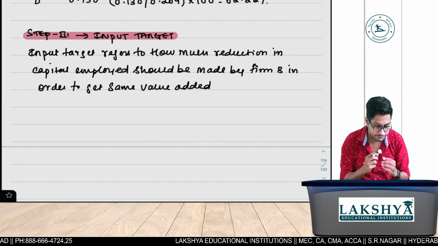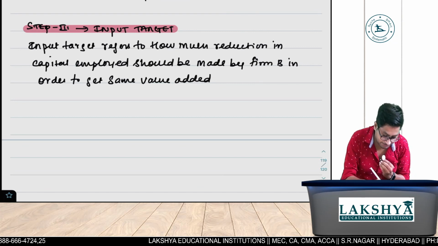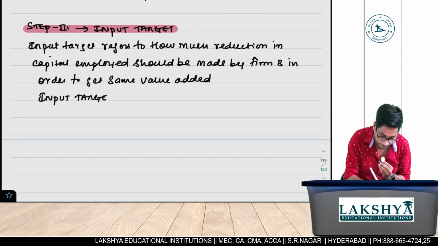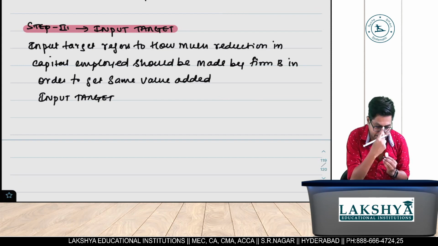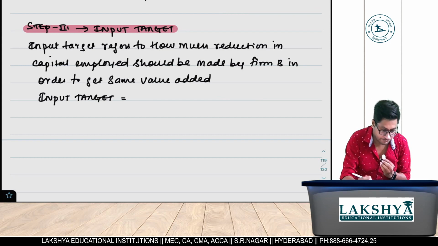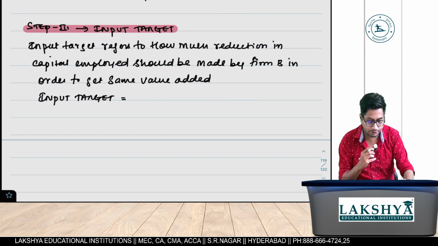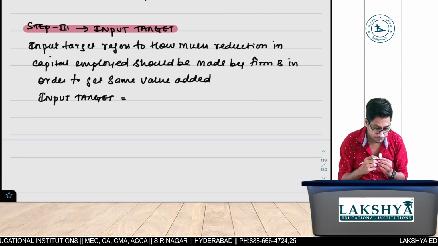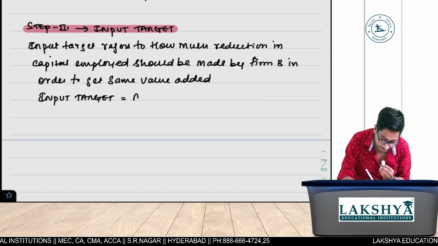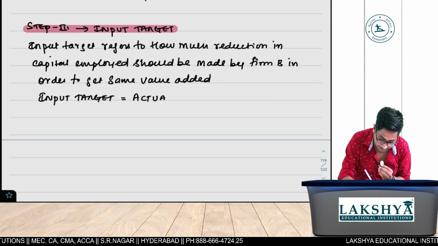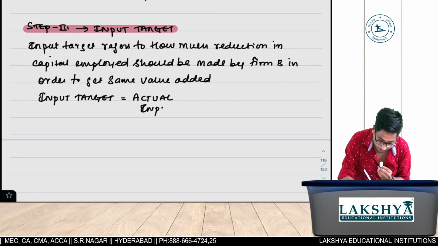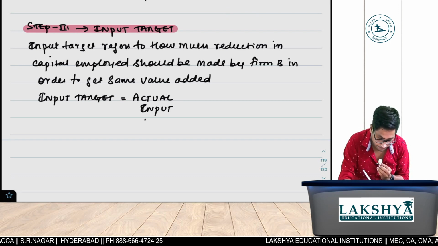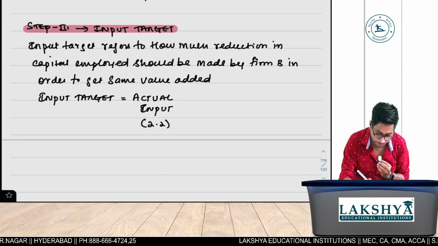Correct? Now let us calculate the input target. Input target is nothing but, I'll write the formula like this: actual input, how much is the actual input? 2.2.